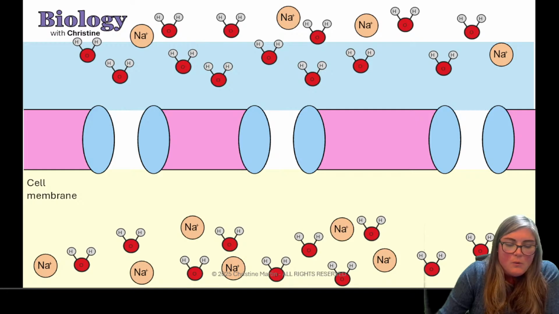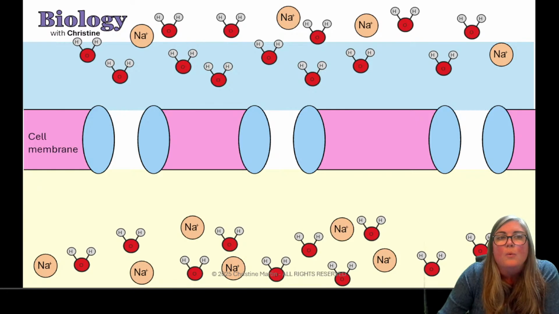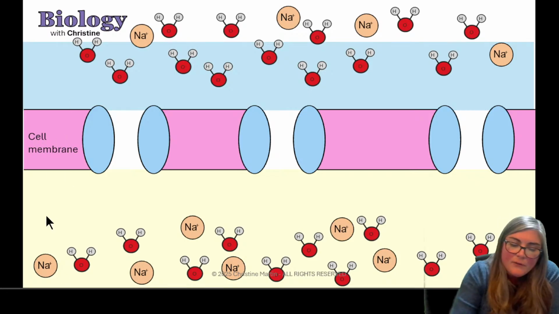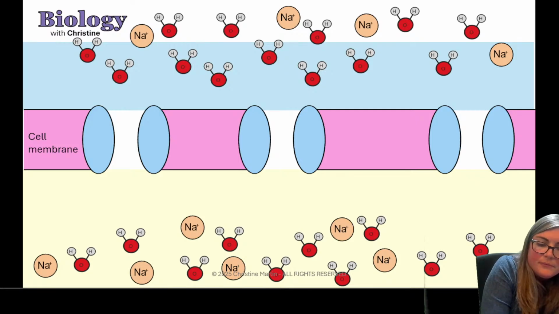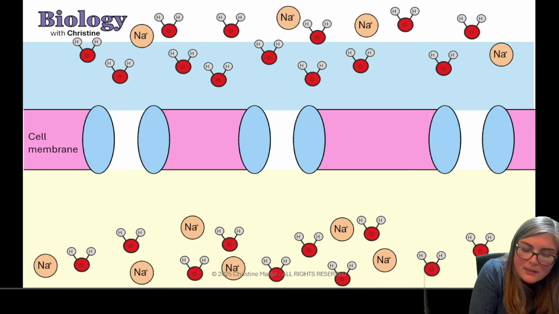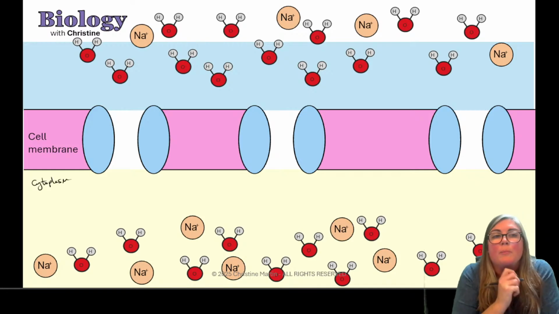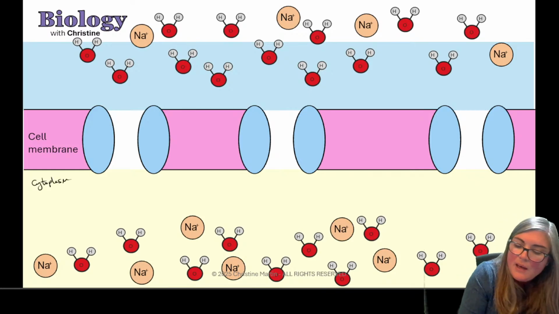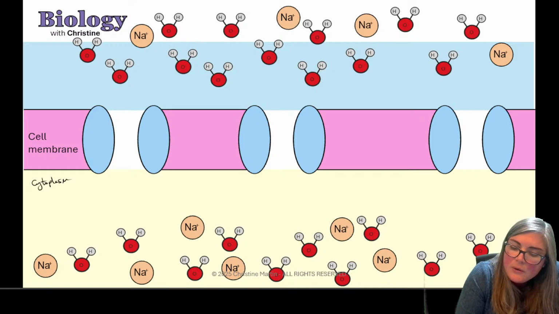So we know that we have got our cell membrane, which is this pink region in here. We know that we have got our cytoplasm on the inside, which I have represented with yellow. We have our extracellular fluid.